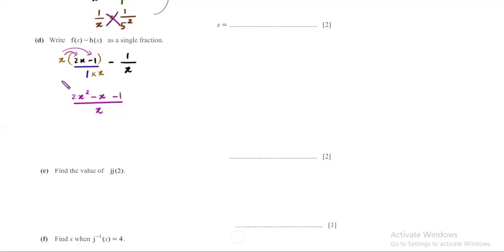Now in this case, when we consider this 2x squared minus x minus 1, even if you factorize it, you won't be able to simplify it with the denominator. But there are instances when we are given an algebraic fraction like this and asked to simplify it, which means you definitely need to factorize and then see if the numerator can be divided with the denominator or not.